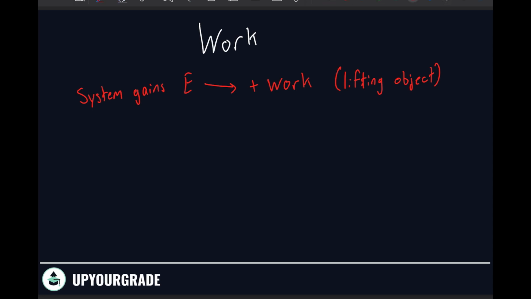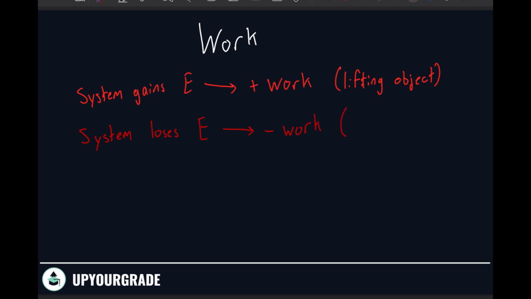And the opposite of that is where a system would lose energy. Do you remember how we talked about conservative and non-conservative forces? We said that non-conservative forces are ones where the energy is not conserved, or where a system is likely to lose energy.